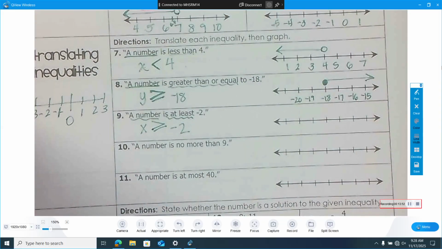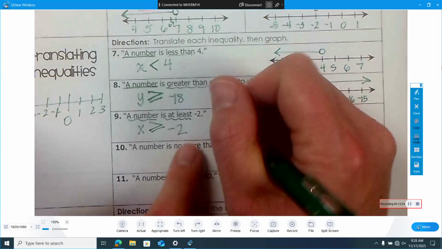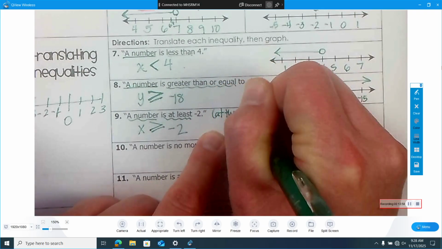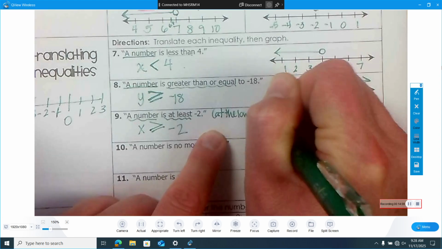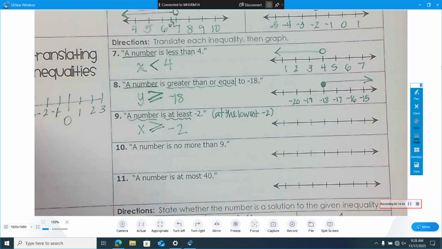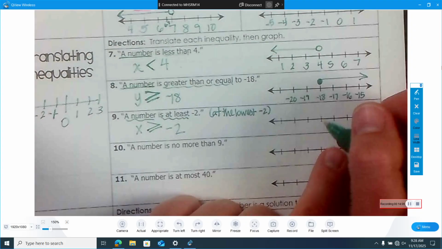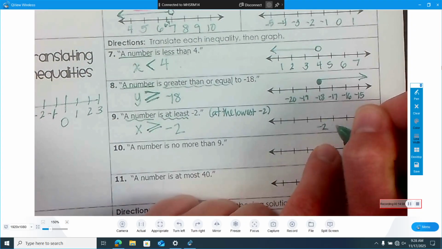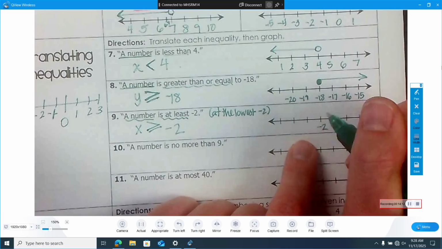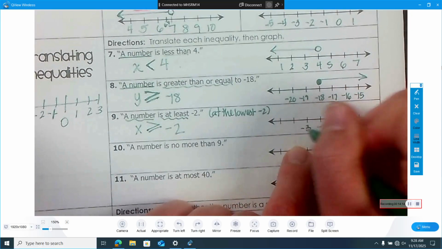So when it says at least, that really means at the littlest. At the lowest, it's negative 2. So at the very bottom, it's negative 2, but I want to be bigger than that, okay? So I have negative 2. To the right, we have negative 1, 0, and 1. And then we get smaller, which is weird.